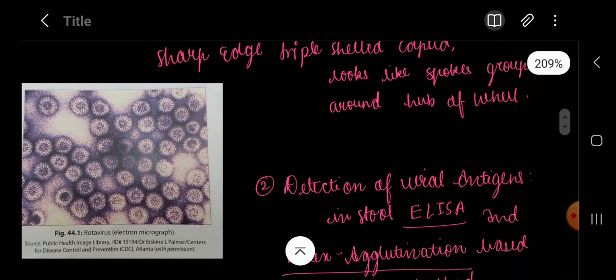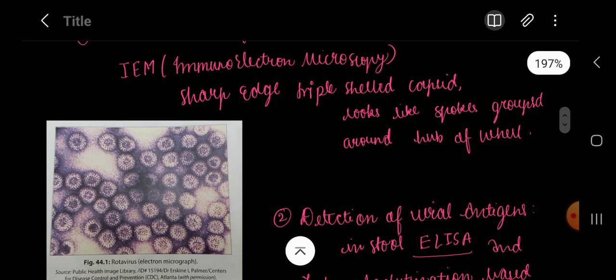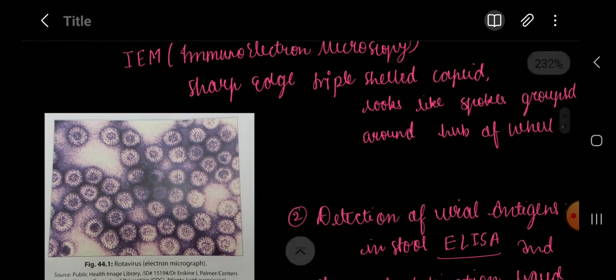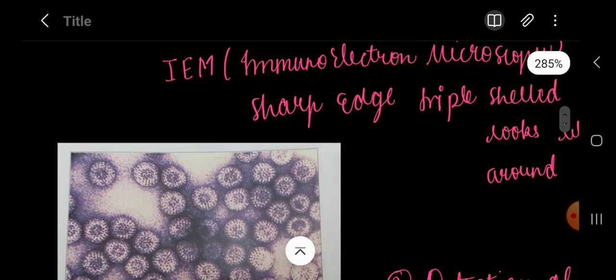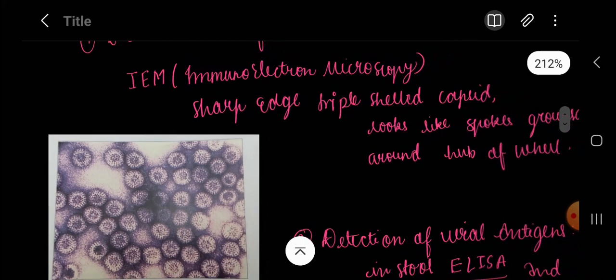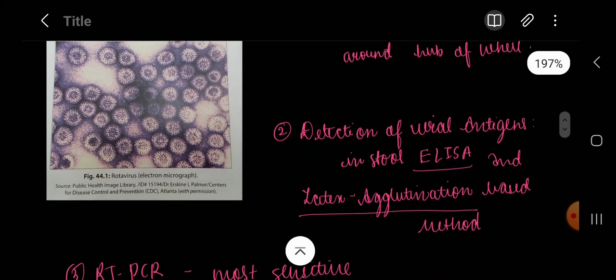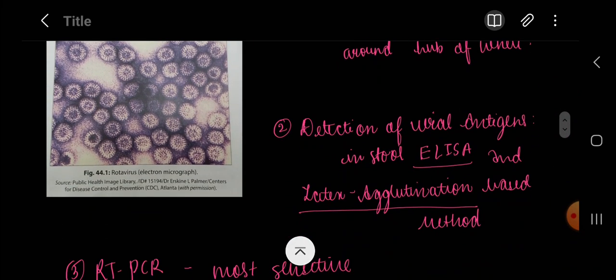As you can see, the sharp-edged triple-shell capsid looks like spokes grouped around the hub of a wheel. It is very easy to detect because its shape is very specific, and on electron microscopy they can be easily detected.